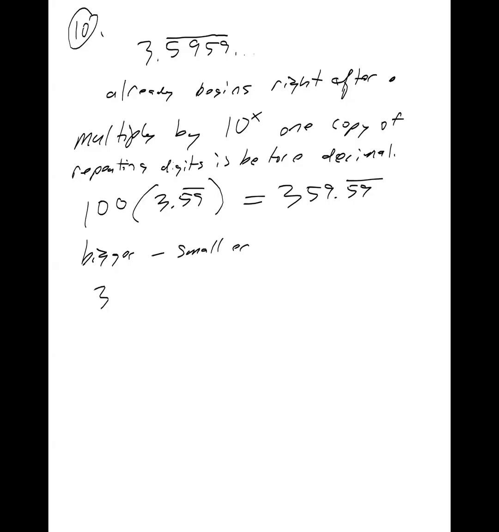So you do 359.59 repeating minus 3.59 repeating equals, what does it equal?